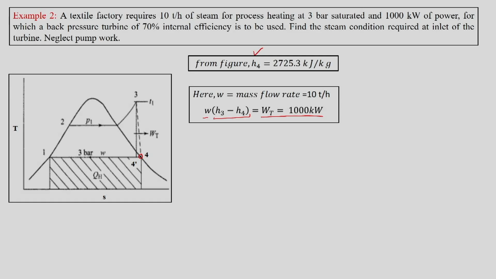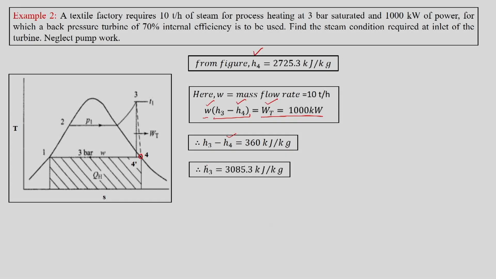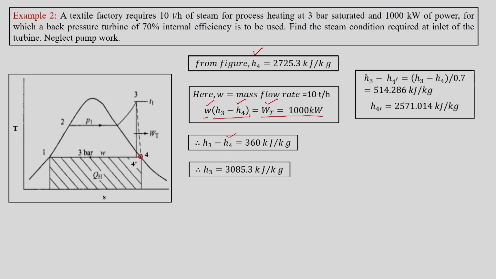So, we know H4, we know turbine work, and we are also given the steam flow, which is 10 ton per hour. Knowing this we can find out H3 minus H4, but H4 is known to us. So, this will be helpful to find out H3. So, H3 is known to us. Then we can use the formula for turbine work.